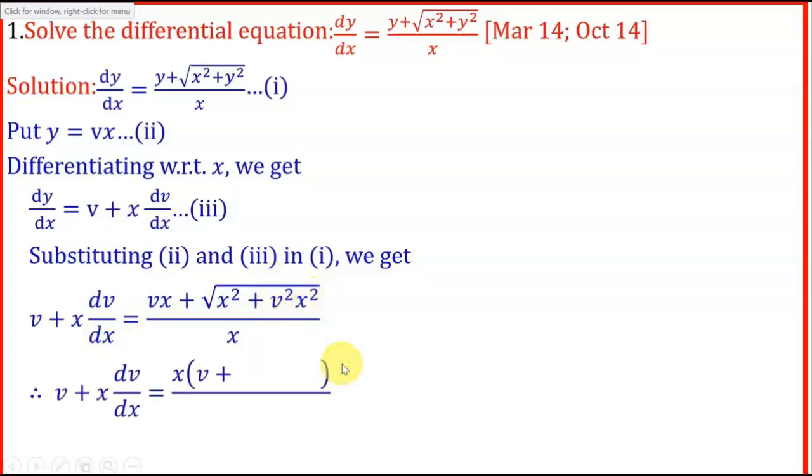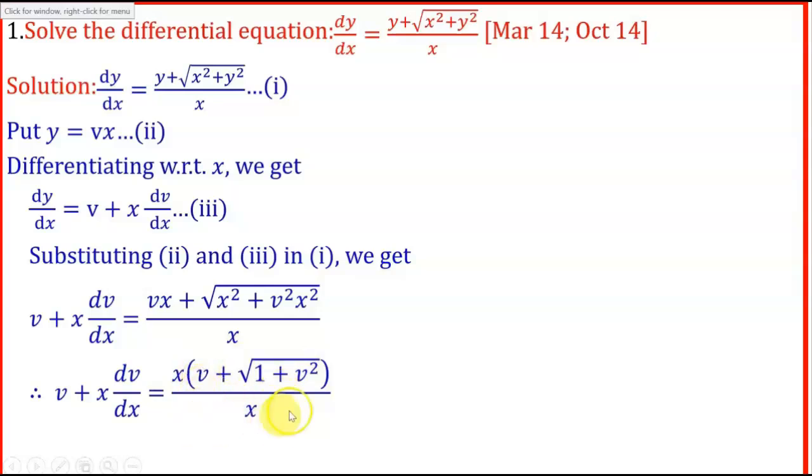Next, simplification. From this root sign, we will take x square as common. When x square comes out of the root sign, it becomes x. Again, from these two terms, take x as common. Then in bracket, you will get v plus root of 1 plus v square upon x.